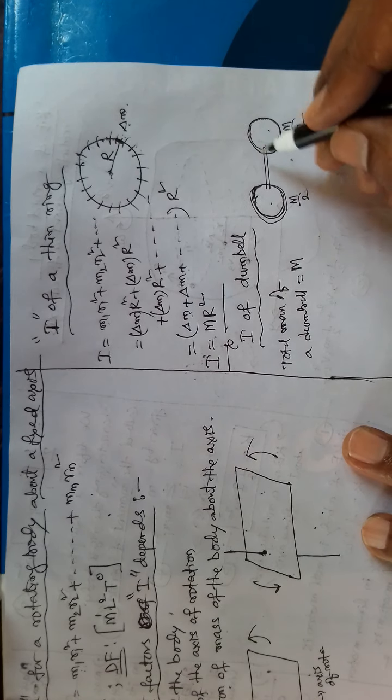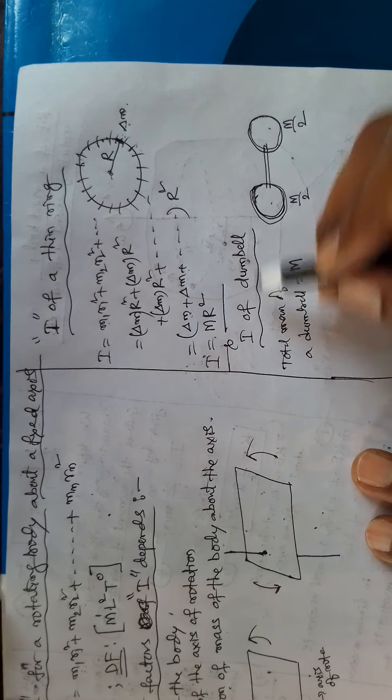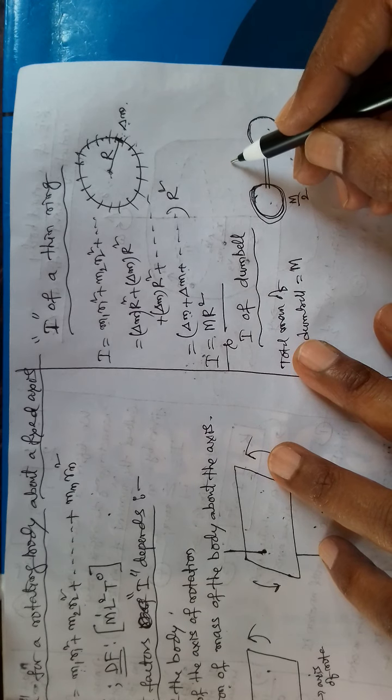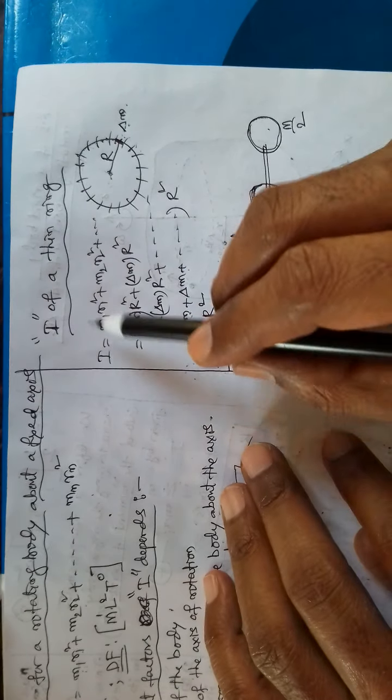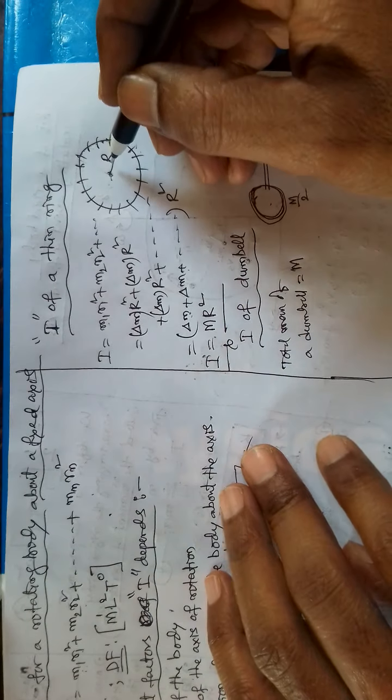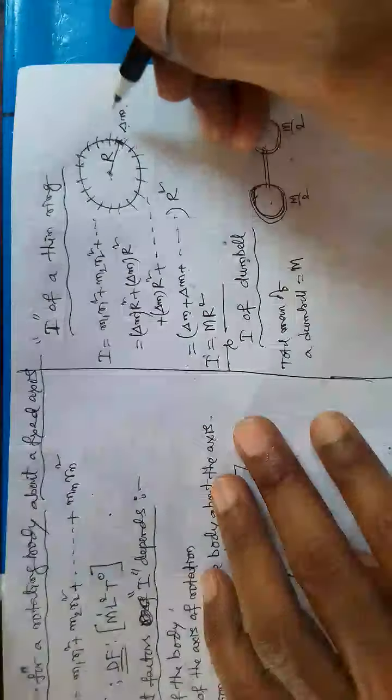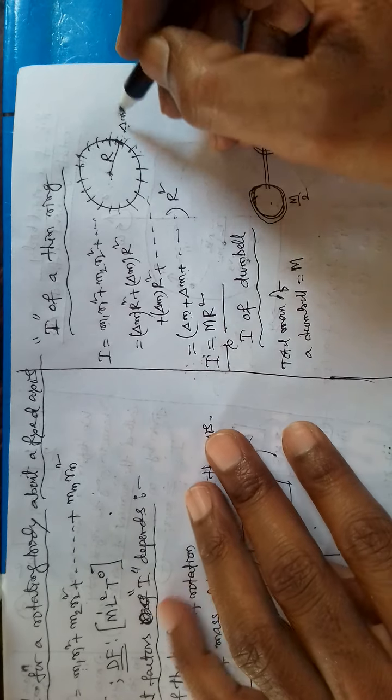Now, let us find I of a dumbbell. Here we are finding moment of inertia, and we have to mention the axis of rotation also.